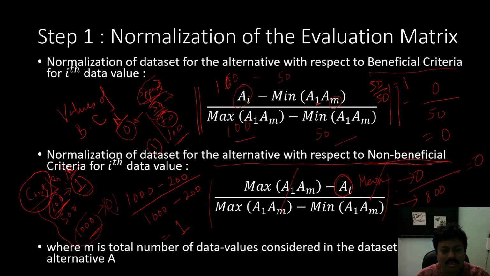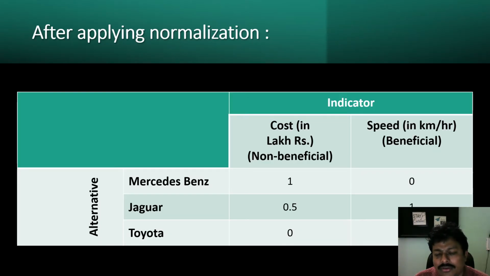So that is why its normalized equivalent is 0. However, the minimum value of non-beneficial criteria is always encouraged or preferred. So that is why the normalized output of this non-beneficial criteria will be 1, or the maximum value within the normalized values. So this is the way you normalize the values of the alternatives of both the non-beneficial criteria, cost and speed, the beneficial criteria.